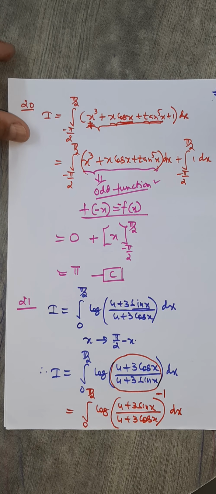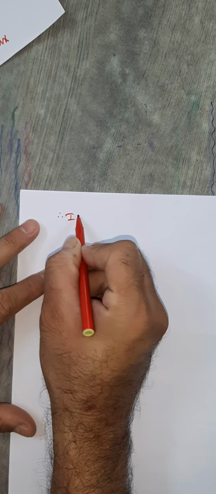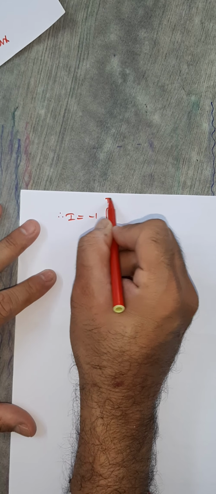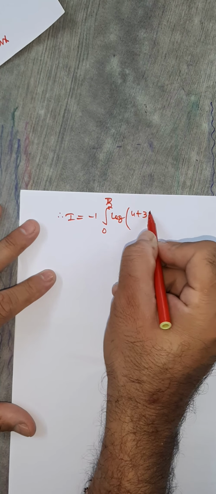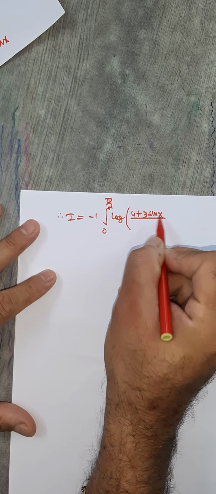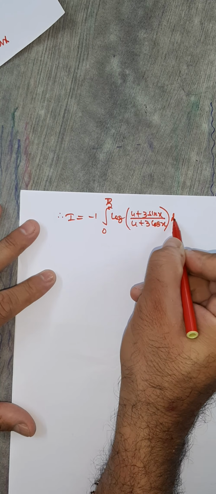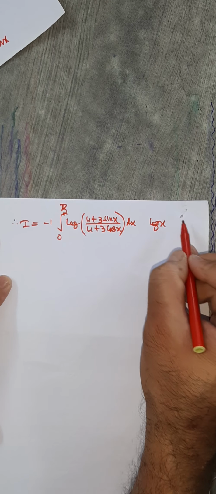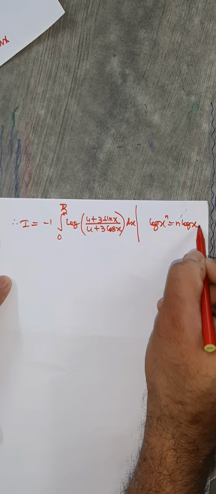Now we take that minus 1 into the product, that's the property of the log function. So I equals, that minus 1 will come in front, integral 0 to pi by 2 of log of (4 plus 3 sin x) upon (4 plus 3 cos x). You know this property: log of x raised to n equals n log x.